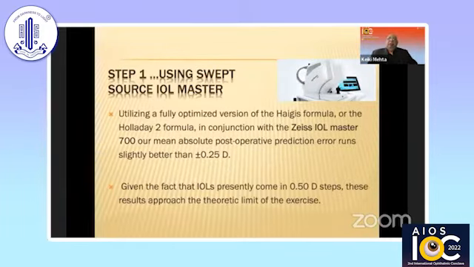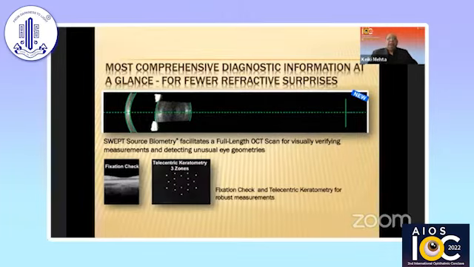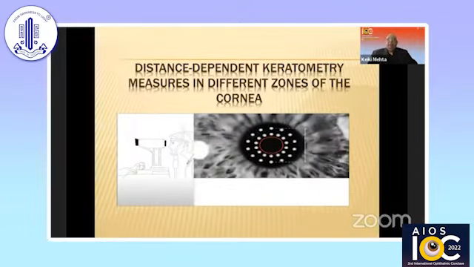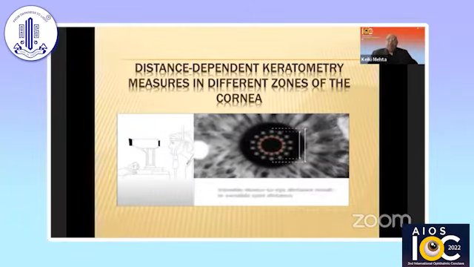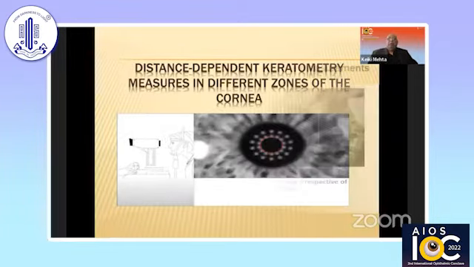I use a SwepSource Master, and I do feel that it works really well, because when you are doing it, you can be sure that your OCT is being done accurately. The other big advantage, of course, is the role of telecentric keratometry. As you will notice here, when the unit is taken closer or further away, it measures different zones of the cornea, which then will give you a problem.